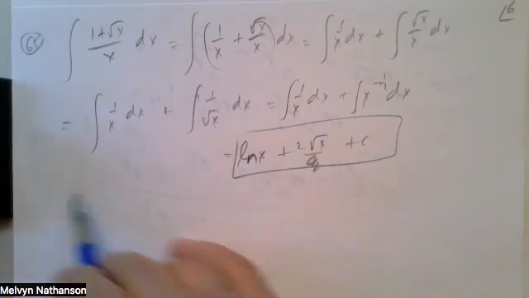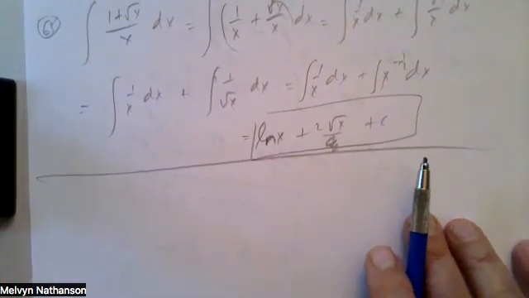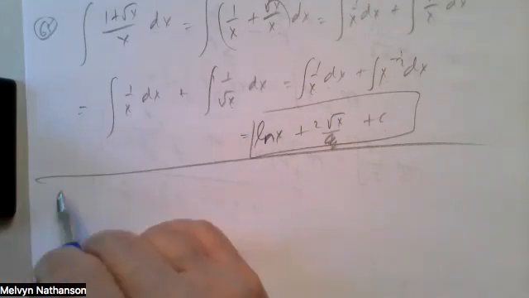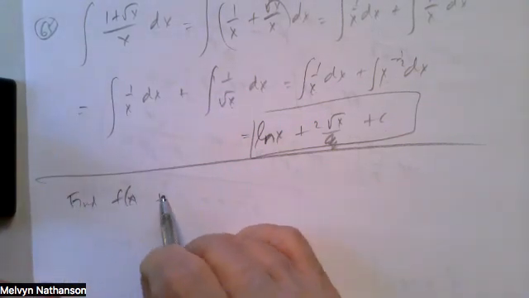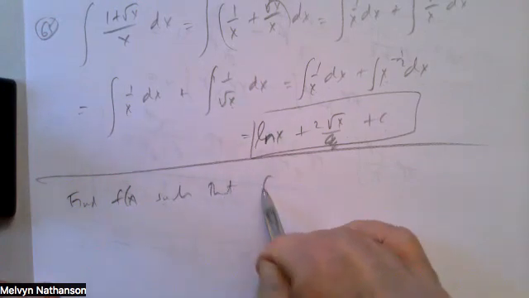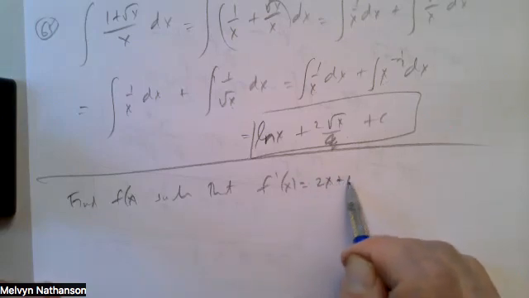Okay. Let's look at antiderivatives in a slightly different way. Suppose we have the problem, find f of x such that f prime of x is 2x plus 10.